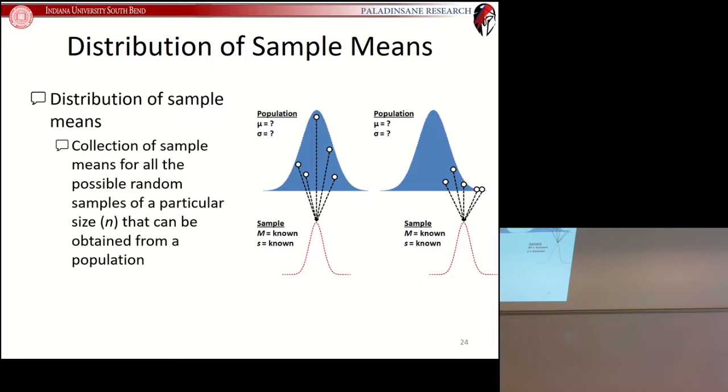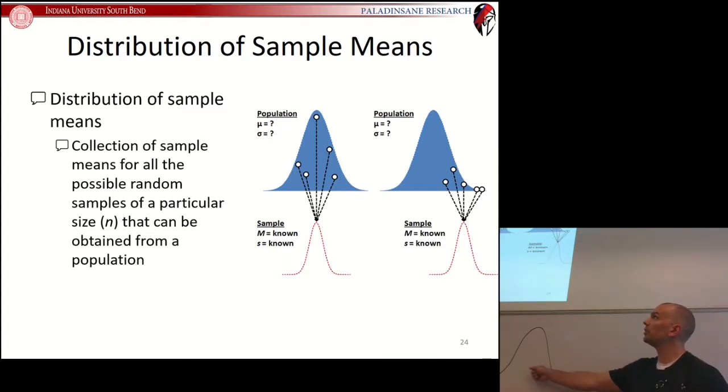But this is what I'm talking about in terms of the distribution of sample means. It's a whole bunch of sample means from taking a whole bunch of samples. And then what you do is you take all of these raw scores, and much like we did before, you make yourself a distribution.